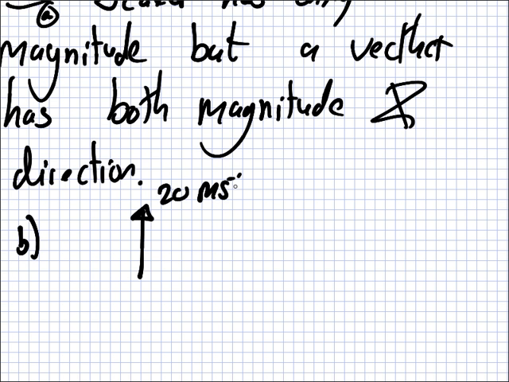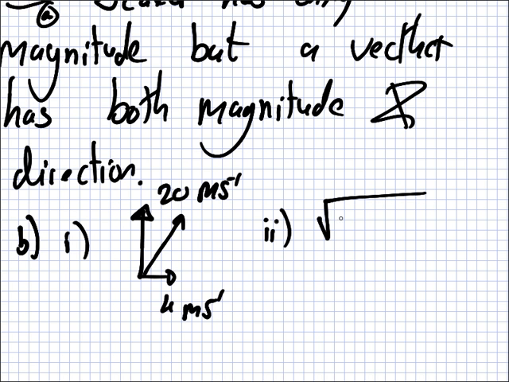It probably wants the calculation. Yeah, this is B1 to B2. I see, that's B1. And then B2 is to calculate the magnitude of the resultant velocity and direction. Yeah. So that's root 416. What's that?